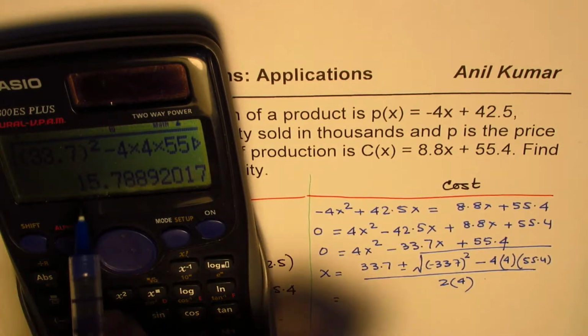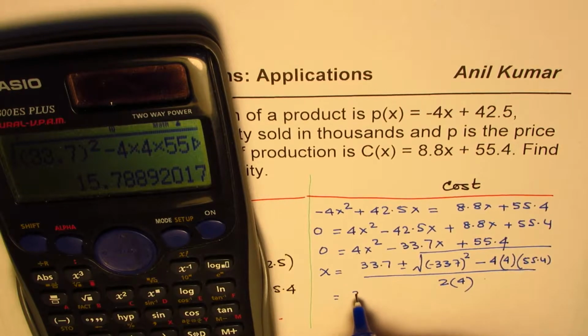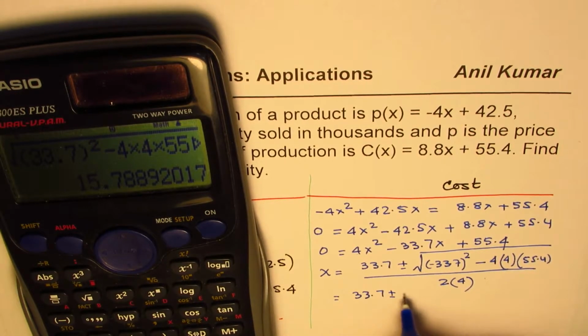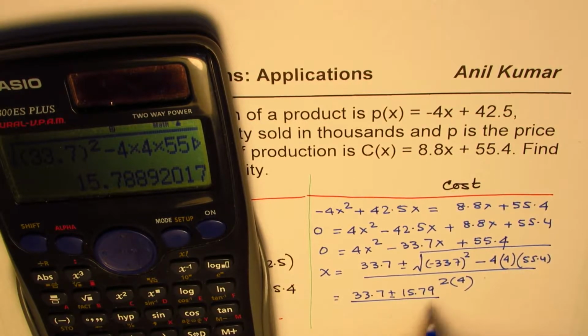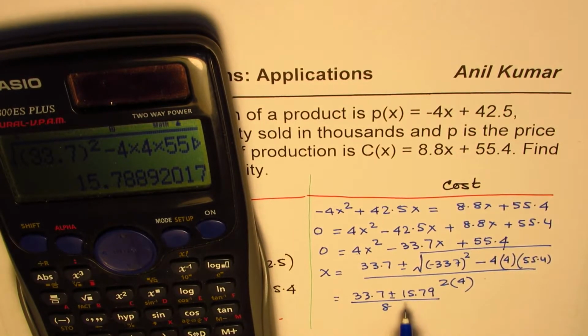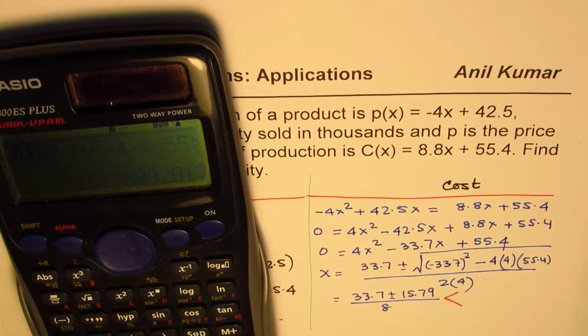It gives me 15.79. So we have 33.7 plus or minus 15.79, all over 8, right? So we get two possible values of x in this case. Let's find both and write them down. One with the plus value, the other with the minus. So we'll do 33.7 plus 15.79 divided by 8 as one of the answers.